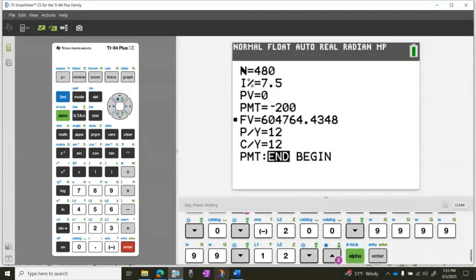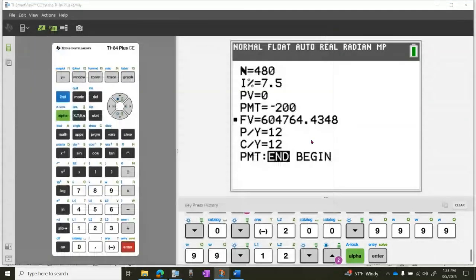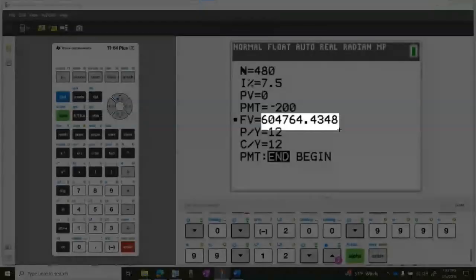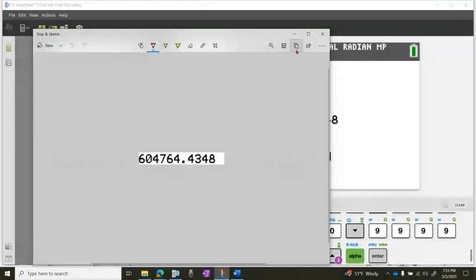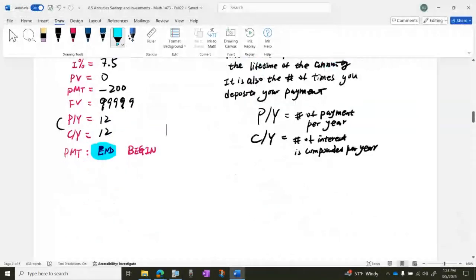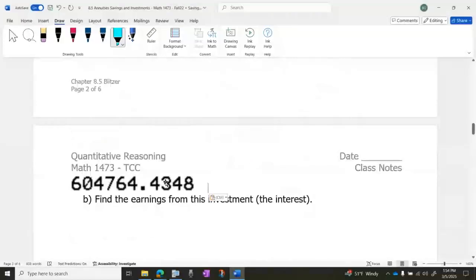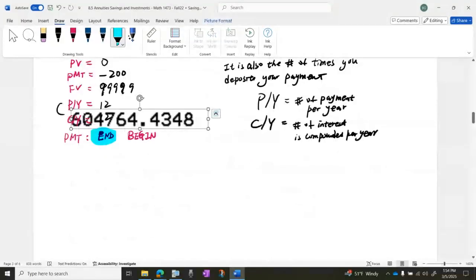So let me copy and paste this number. It depends on how the problem requires you to round the number. Put it here.